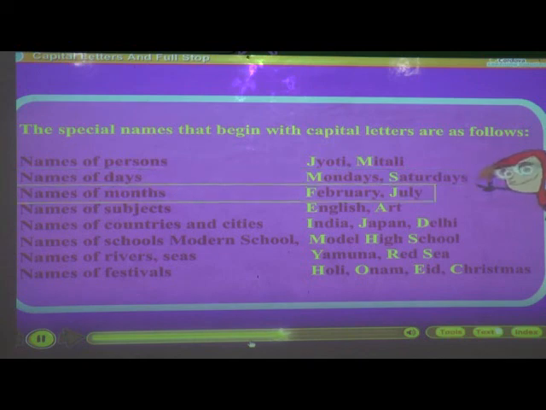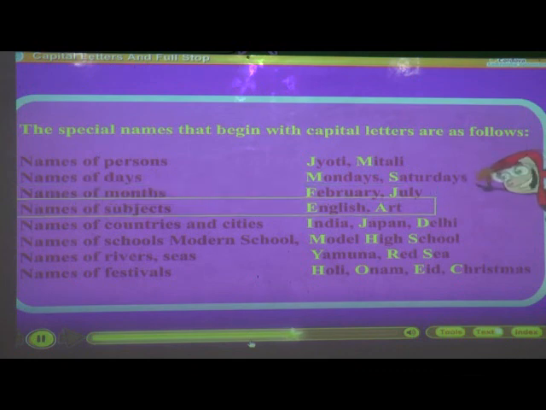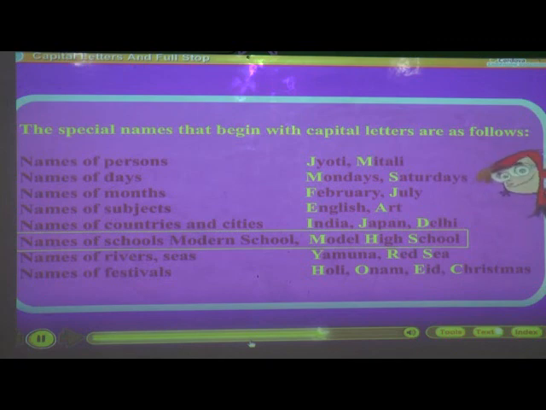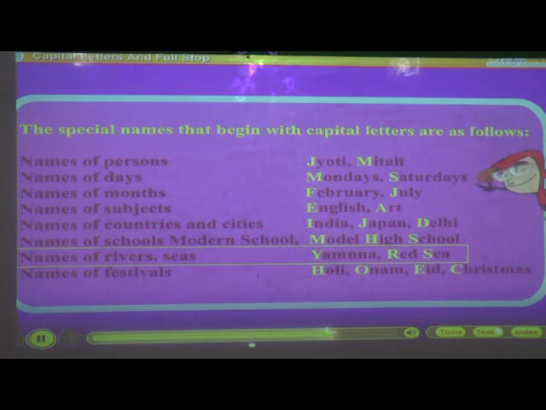Names of months: February, July. Names of subjects: English, Art. Names of countries and cities: India, Japan, Delhi. Names of schools: Modern School, Model High School. Names of rivers and seas: Yamuna, Red Sea.